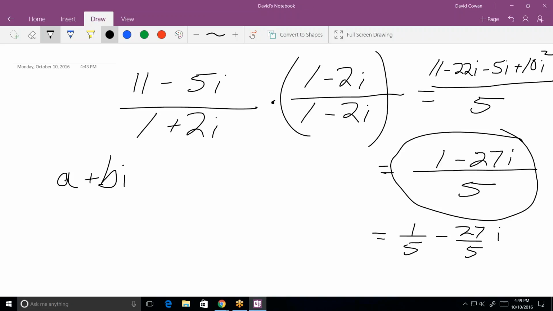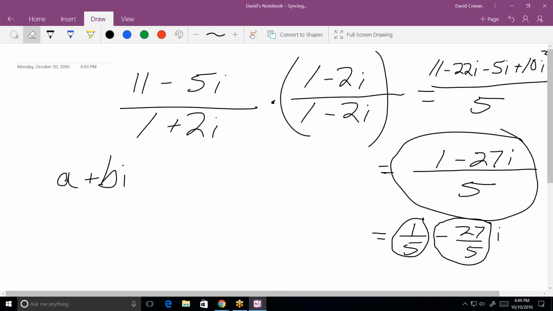In other words, in a plus bi, the a is that term, b is that term, and then the i is what the b is multiplying. So we don't really want to look at it as 27i over 5. We want to look at it as 27 fifths times i.